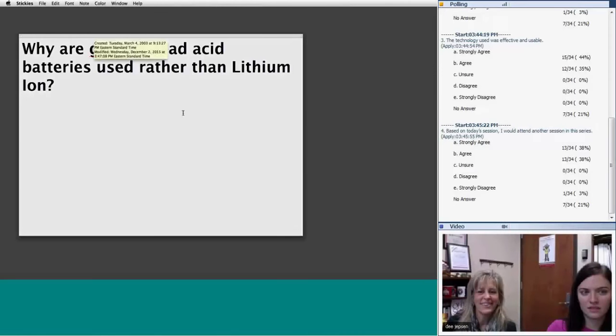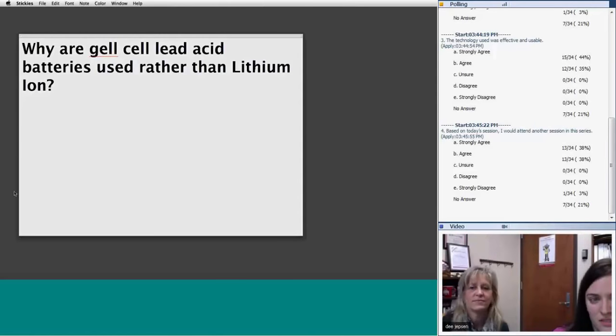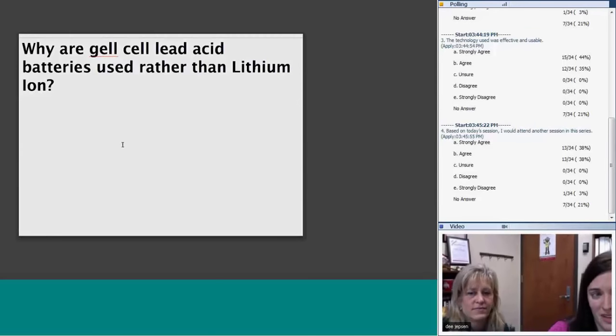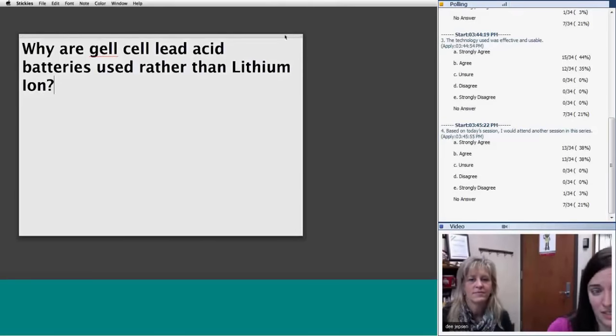Why are gel cell lead acid batteries used rather than lithium ion? I've actually never seen lithium ion batteries used in any of the newer chairs I've worked with. I don't know the exact answer. I would assume it's related to battery life of a lithium ion battery, but again, I could find out for you. I'm not 100% sure on that.